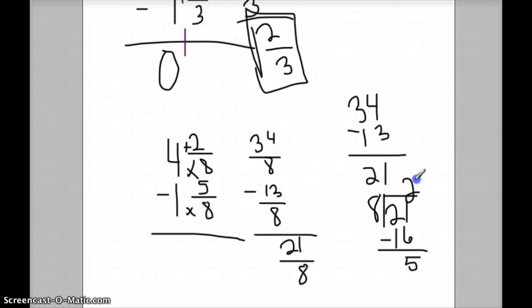My remainder becomes my numerator, and I keep my denominator the same as my improper fraction. So this equals 2 and 5/8. So instead of having to regroup, I made them both into improper fractions, subtracted those, and made the result into a mixed number.